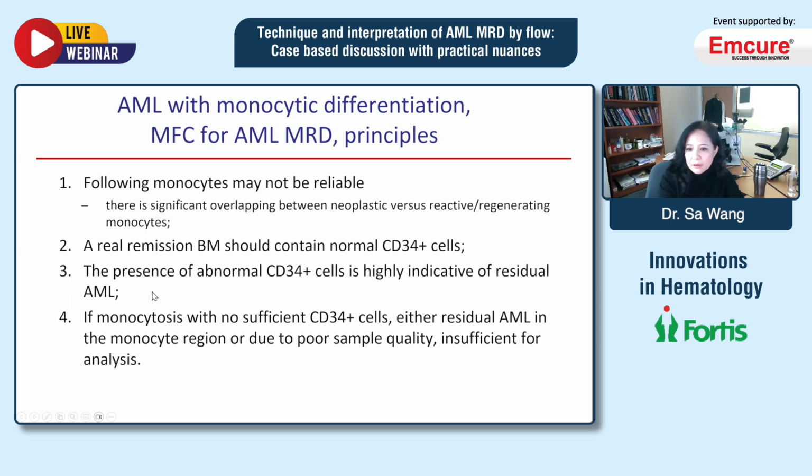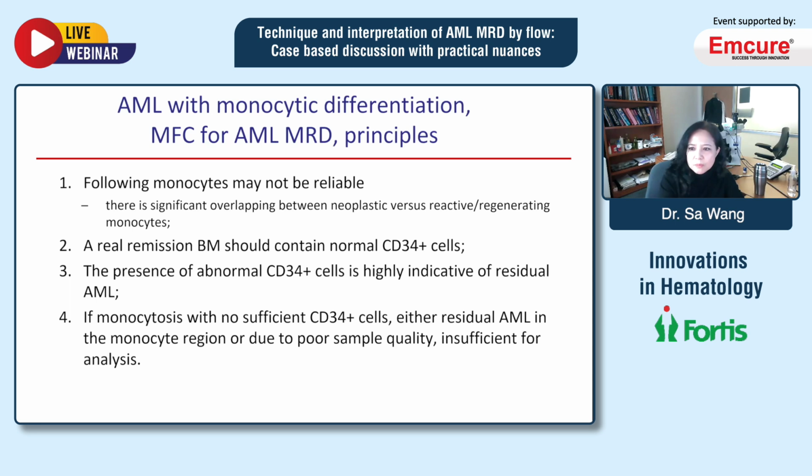And then, if you have abnormal CD34, it's very likely you probably have residual AML. But if you don't see any CD34 cells, you had better look very hard in the monocyte region, you may identify residual AML. So that's the basic principle in patients not treated with venetoclax.